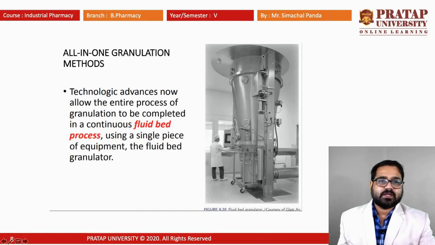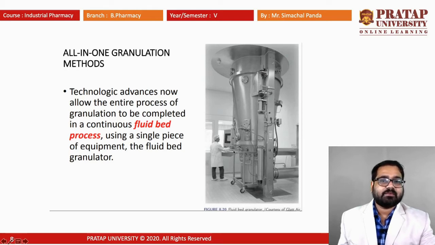So this is the equipment. This is known as the granulation machine, which is used in the industries. This is known as the fluidized bed dryer. That means whenever we are taking different ingredients and applying some amount of temperature along with the flow of air, we can see the particles will attract to each other and bind in the air. And why is it called a fluid? Because we know that anything that can flow is known as a fluid. We are taking the solid ingredients, which will be mixed.